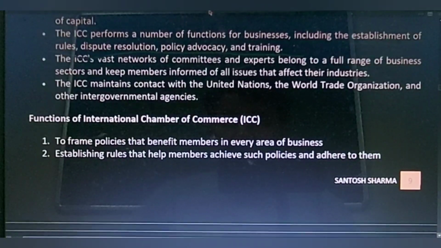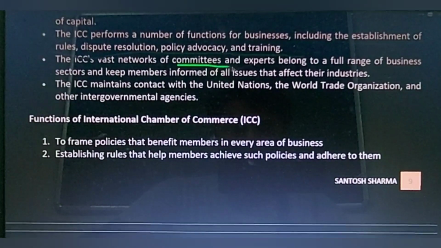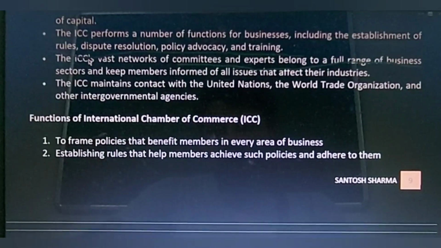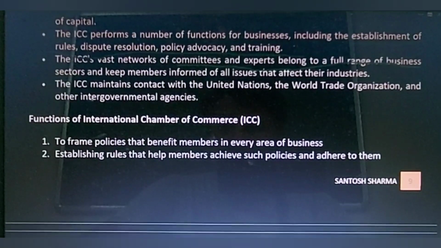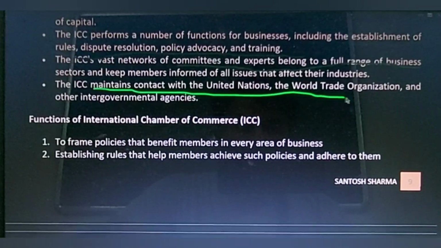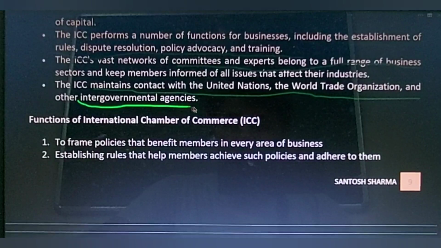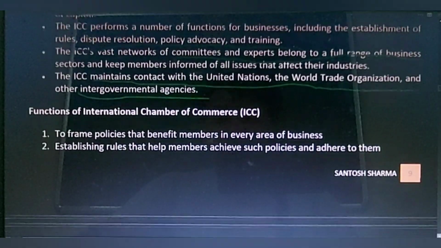So actually ICC has a lot of committees which look after different problems faced by the traders. So basically it always maintains a contact with UN, United Nations, and WTO and other intergovernmental agencies for the smooth functioning of international trade.